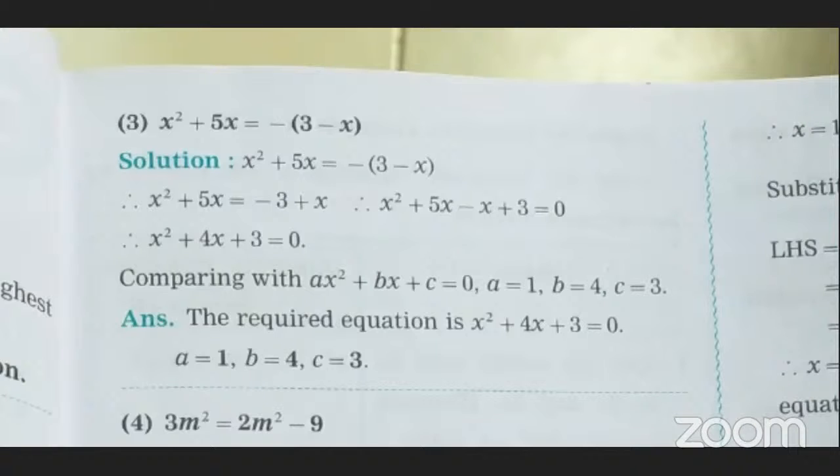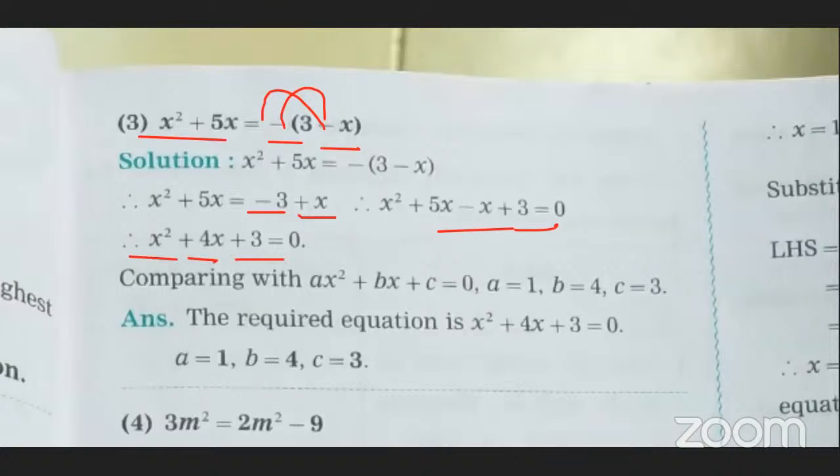So my dear, question number 3, x square plus 5x equals to minus 3 bracket 3 minus x. So first you open this bracket, this will become minus 3 and this minus minus will become plus x. Now shift from right side to left side. Minus 3 will become plus 3 and this plus x will become minus x. So x square, 5x minus x is 4x, plus 3 equals to 0.